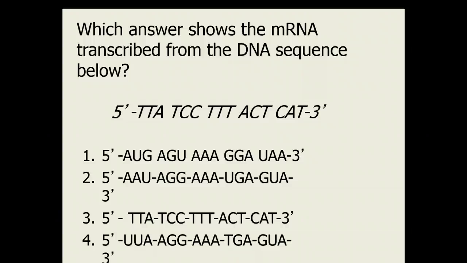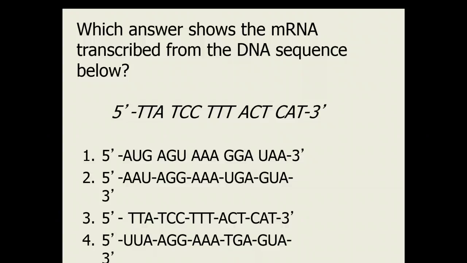So, to answer: which shows the messenger RNA transcribed from the DNA sequence below? So we have TTA, TCC, TTT, ACT, CAT, going 5' to 3'. So which answer shows the messenger RNA transcribed? First thing we look for is to make sure that we have uracil instead of thymine, and that the complement strand, which shows the messenger RNA transcribed from that 5' to 3', would have to be the complement.